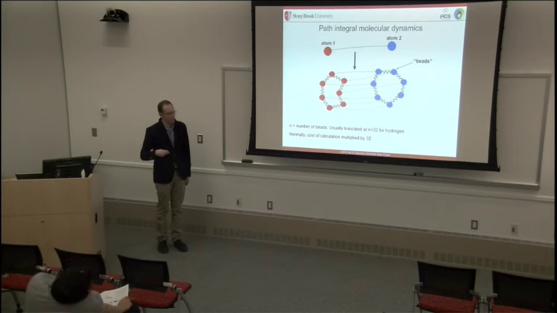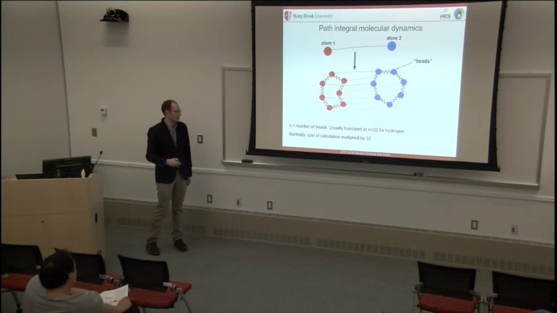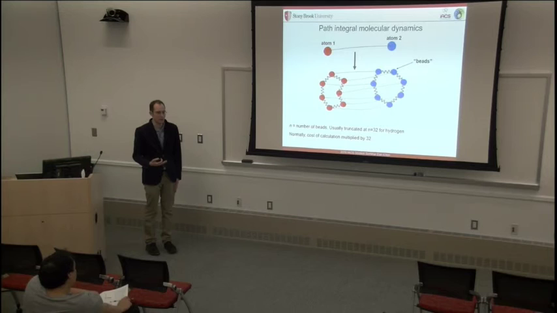As n, the number of beads, goes to infinity, that exactly reproduces the equilibrium quantum mechanics. But normally you truncate around 32 beads. The cost of the calculation is multiplied by the number of beads, or 32. But what's interesting is it can be parallelized very easily, and in my code, I did parallelize it over the beads.